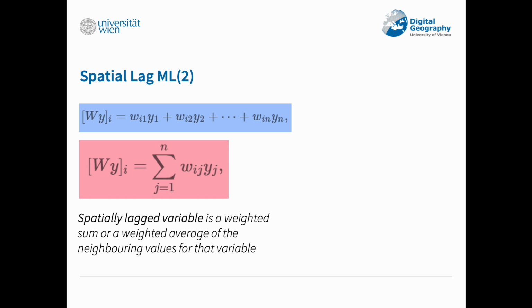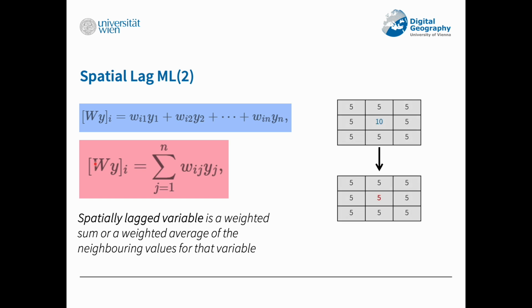Okay, so what is exactly the spatial lag? A spatially lagged variable is a weighted sum, as we see here at the top, or a weighted average here, of the neighboring values of that variable. It is like a smoother of a variable in the area, and it is used in statistics to capture or measure the spatial dependence in the data.